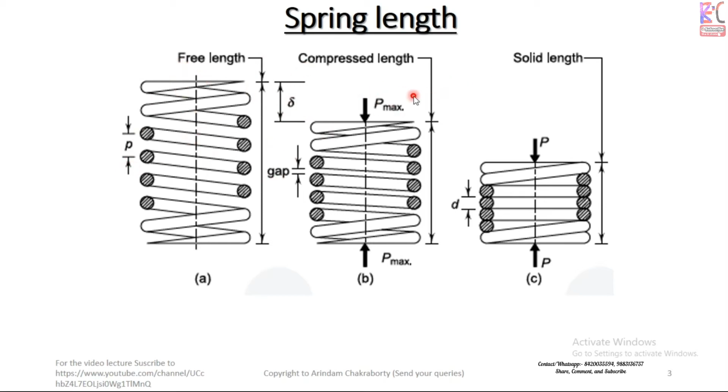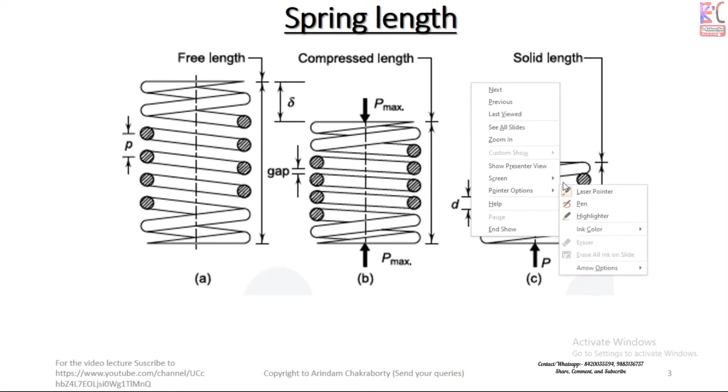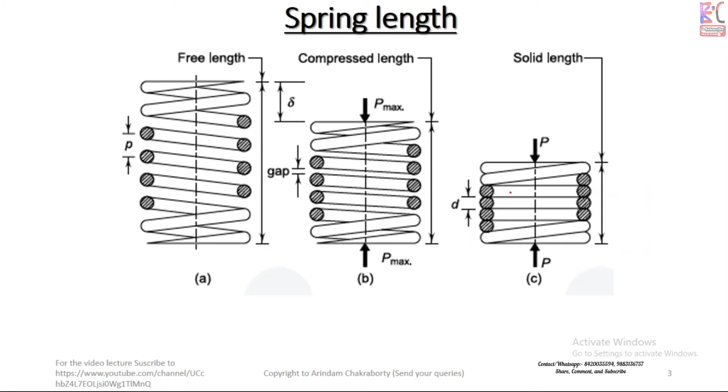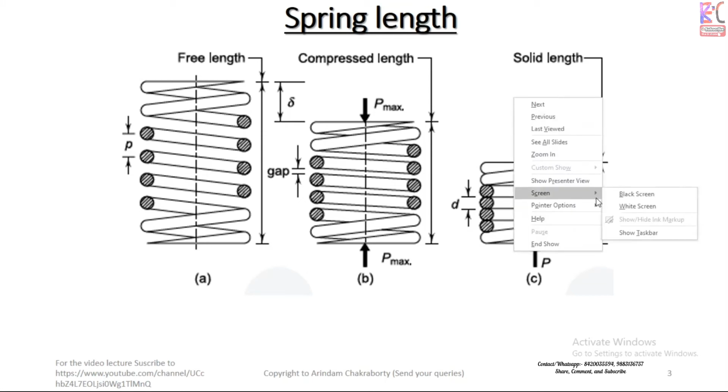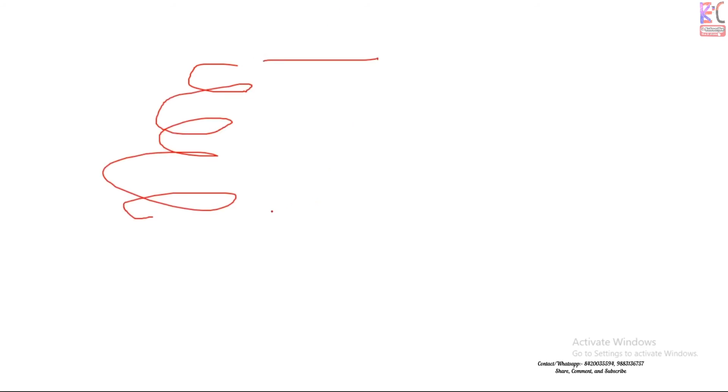Now what happens, due to this one, I could write one thing. Try to understand in this way. Let me take one white screen. Okay, if a spring is there, let us draw a spring. Spring, you are applying a force of P. Fine.